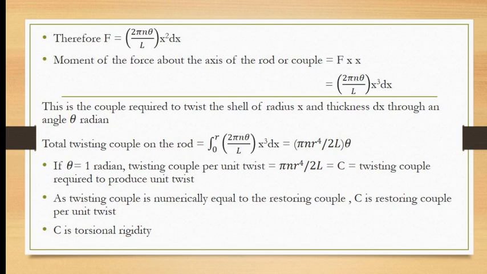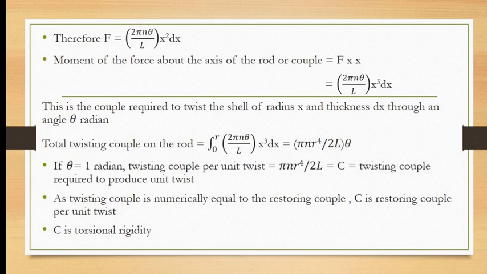Now what is couple? Force into distance will give you the couple or moment of the force. So the moment of the force about the axis of the rod, which is also known as couple, is equal to force into distance. Here we had got the expression for force, and the distance is the radius of the shell which we had considered, so the radius of the shell is x. So F into x. So the expression will be 2πnθ by L into x³dx.